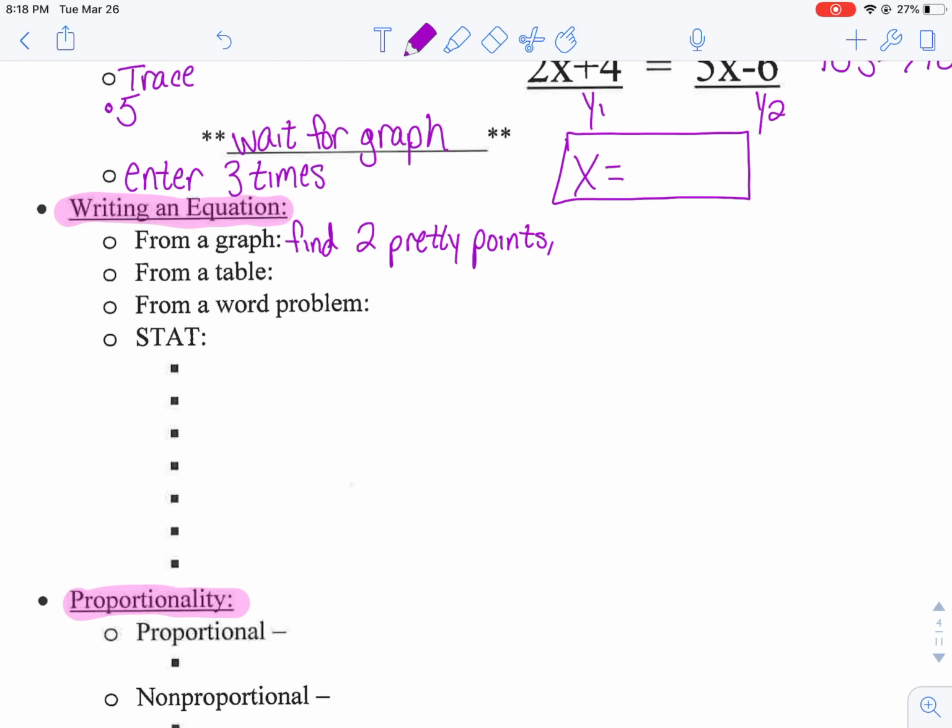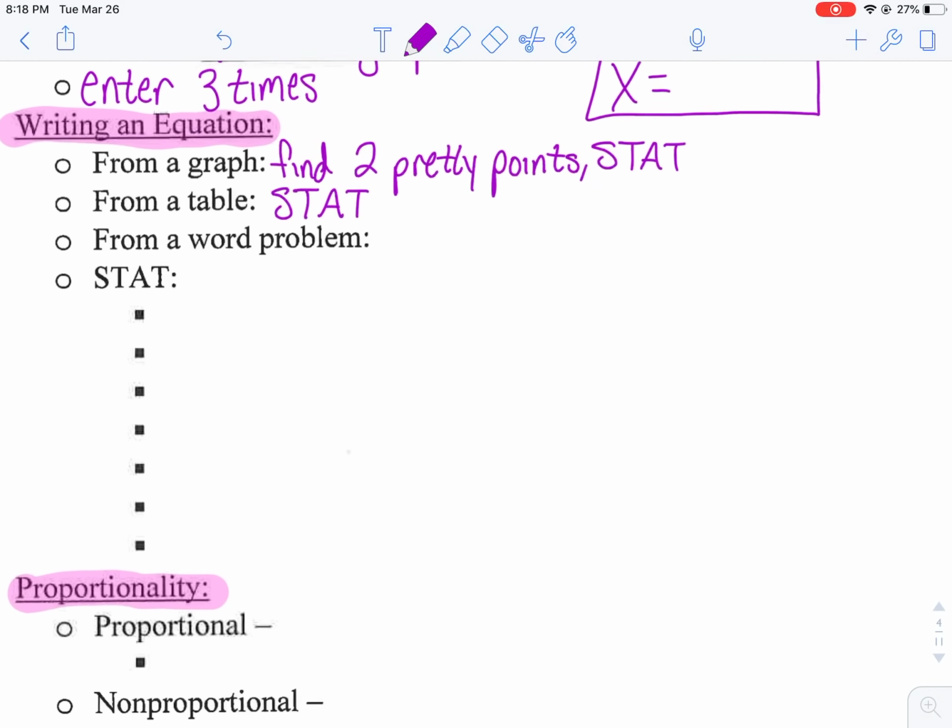Looking at my graph, finding those 2 perfect points where my line crosses the lines on the graph, and we're going to put those 2 pretty points in stat. If it gives me a table, I'm going to type that table directly in stat. And for those of us that might have missed that lesson due to being gone, or for those of us that are just struggling remembering those steps, let's write those steps out.